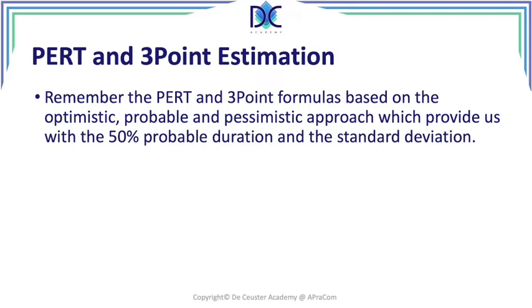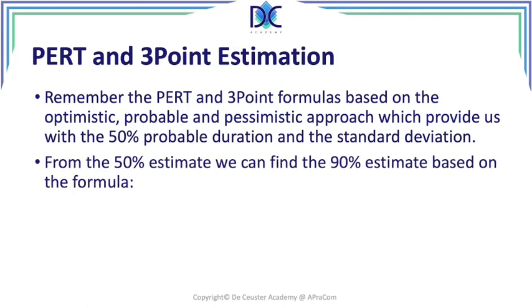Using those 3 elements, remember the formula (A + 4M + B) / 6 for the PERT value, (A + B + M) / 3 for the 3-point formula, and we can also find the standard deviation: for PERT, (B - A) / 6, and for the 3-point, (B - A) / 5. So what we have here is the average, the 50% duration, and the standard deviation.